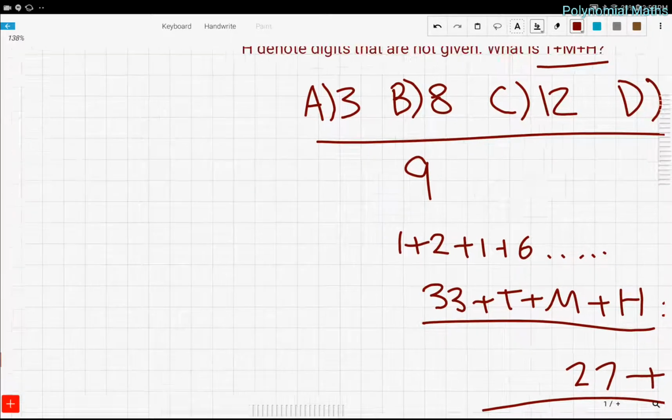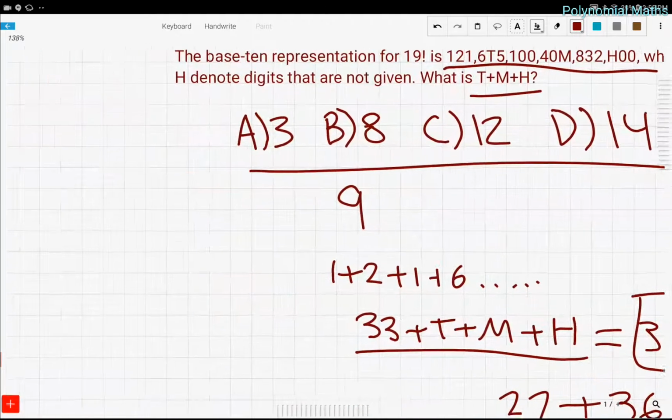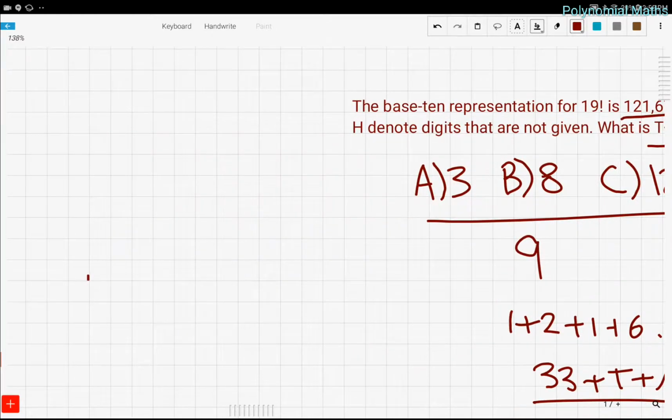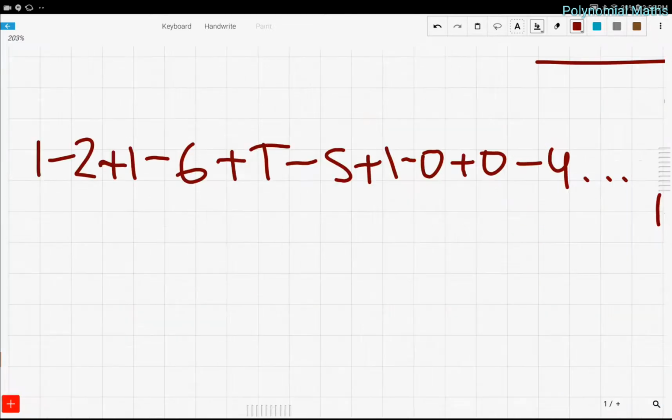Another good divisibility check is with 11, which is alternating sums and differences. So we have 1 minus 2 plus 1 minus 6 plus T minus 5 plus 1 minus 0 plus 0 minus 4, and so on.